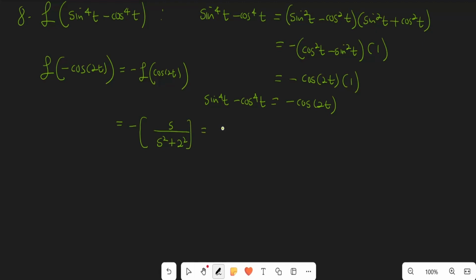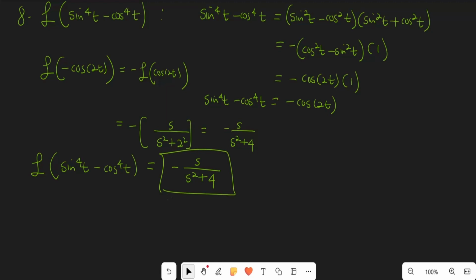So we are going to get negative s divided by s squared plus 2 squared, which is 4. So that means that the Laplace transform of sine to the 4th power of t minus cosine to the 4th power of t is equal to negative s divided by s squared plus 4. Let's put that in the box.